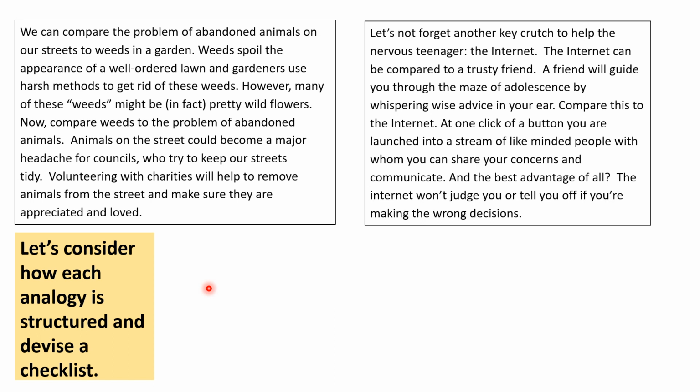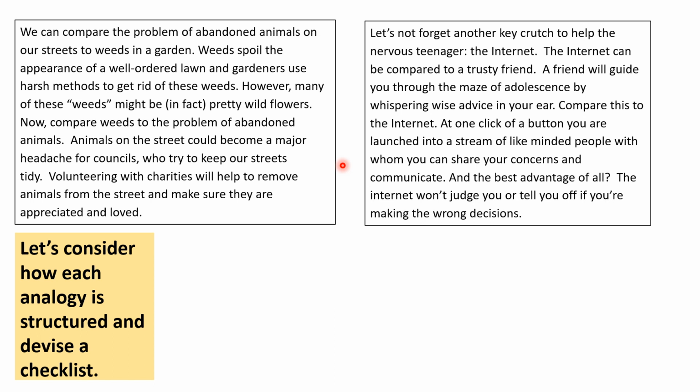So, what I would like you to do, just for about a minute, is pause the video and read through one of the analogies and consider the steps that this person has taken to introduce their analogy, explore their analogy, to explain their analogy. Both of these have used the same structure to write an analogy. So what steps have they taken to explore it? Pause the video and spend about a minute reflecting on that.